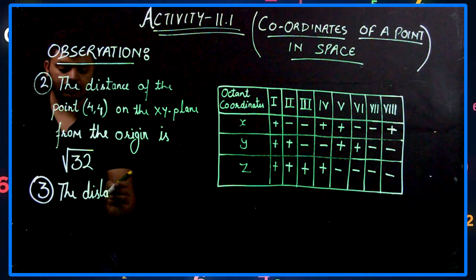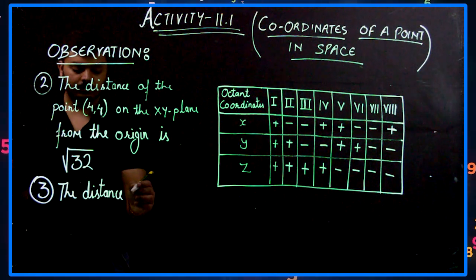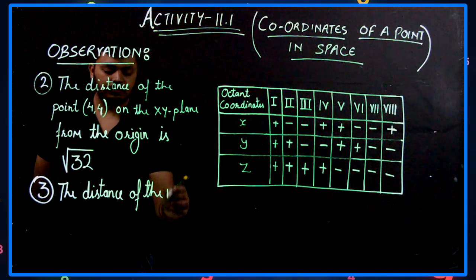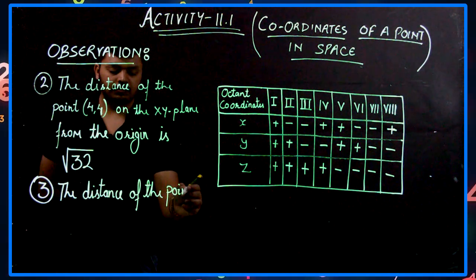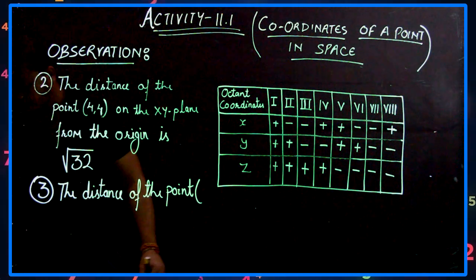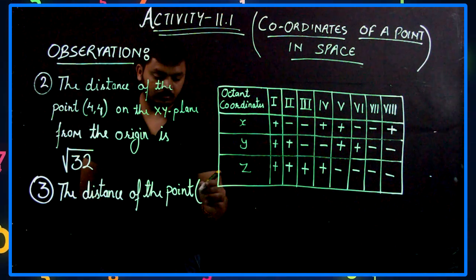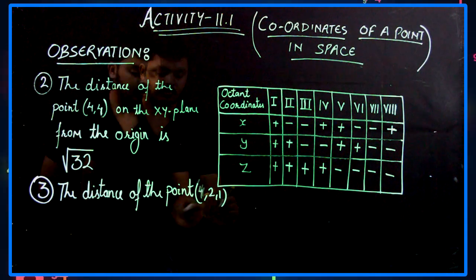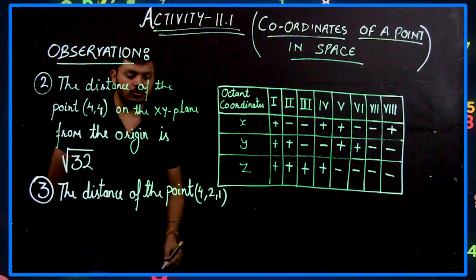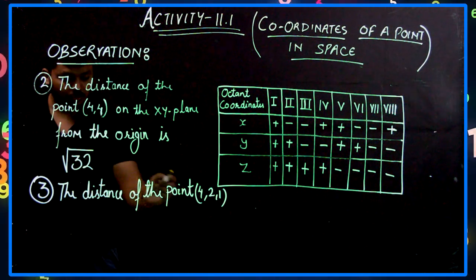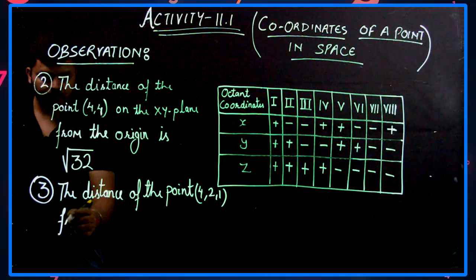Now our third observation is the distance of the point (4, 2, 1) from the origin.